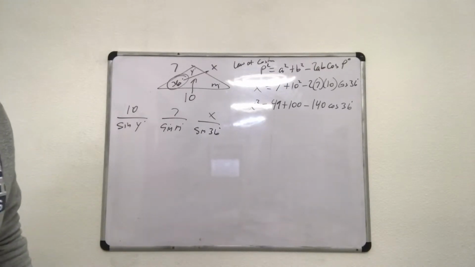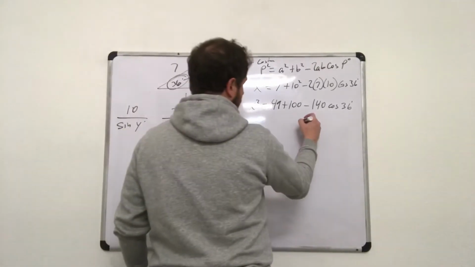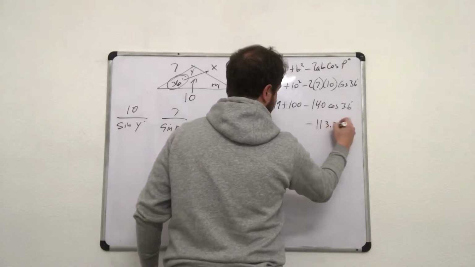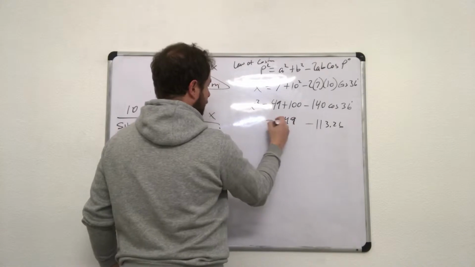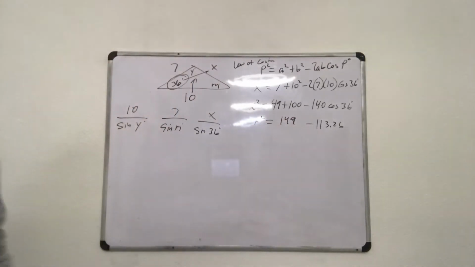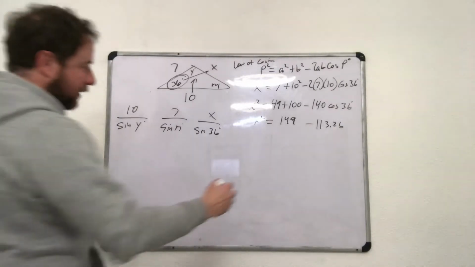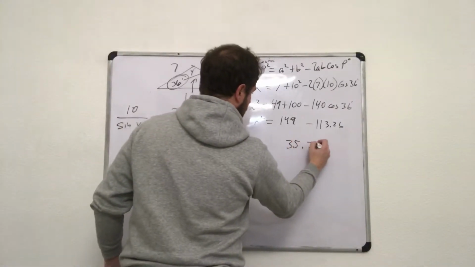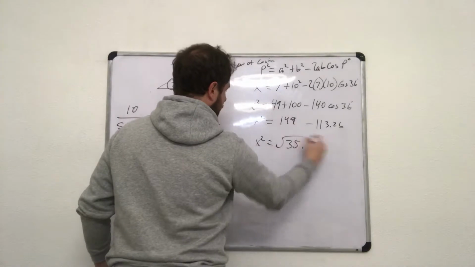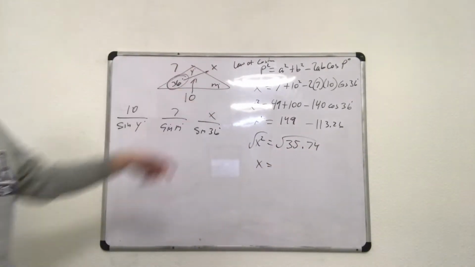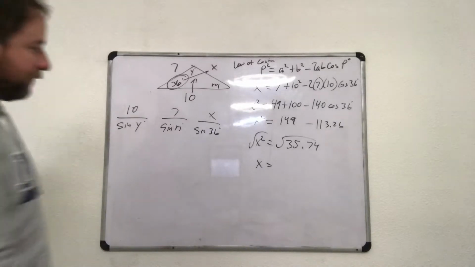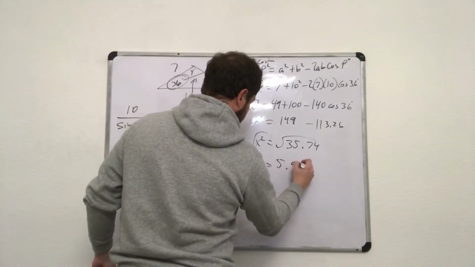When you do that, you get 113.26. We have 149 minus that equals x squared. You do the math there, you get 35.74. X squared equals that, square root of both sides. X, which is going to be opposite your 36 degrees, is 5.98.